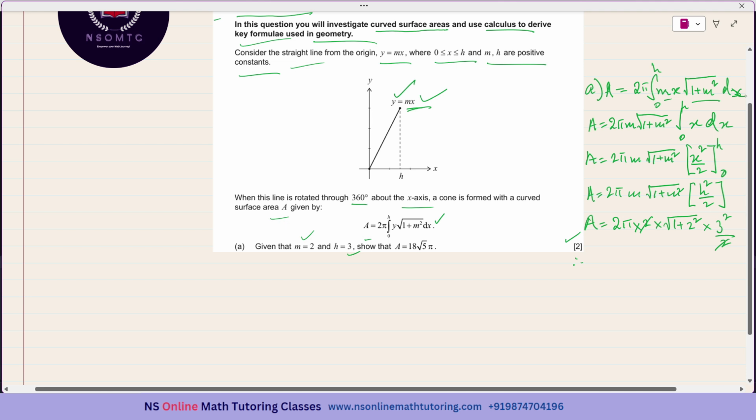Therefore, E is equal to 2 pi times root of 4 plus 1, which is 5, so root 5 times 9. So E is equal to 2 times 9, which is 18 root 5 pi.